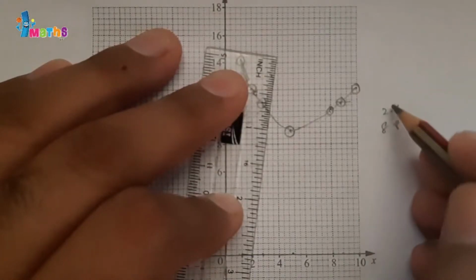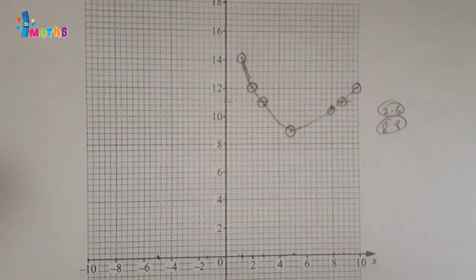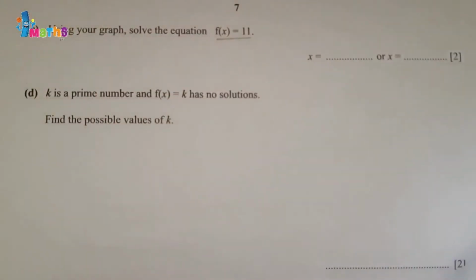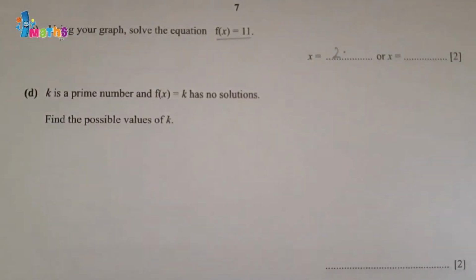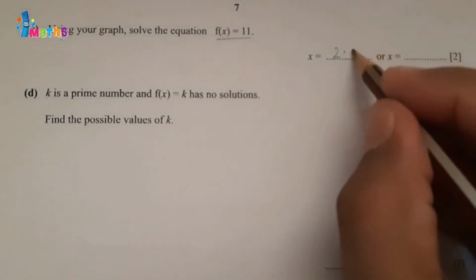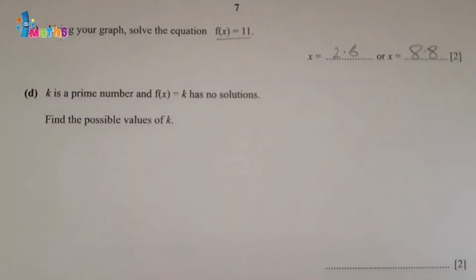We can write these two x values as our answer. So x is equal to 2.6 and x is equal to 8.8. These will be the two values.